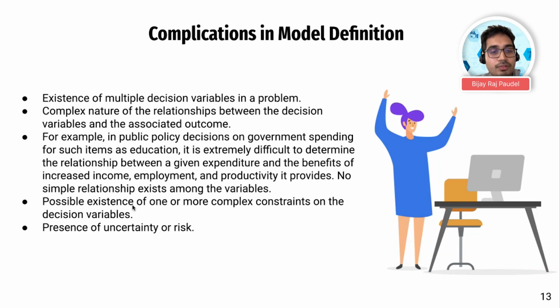For us, in the toy problem, we just had one constraint: the number of teams is less than 100. But in actual problems, there can be many complex constraints. Even the model itself should most of the time incorporate the constraints, so it becomes rather complex.